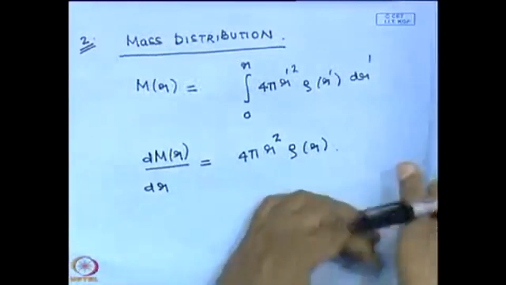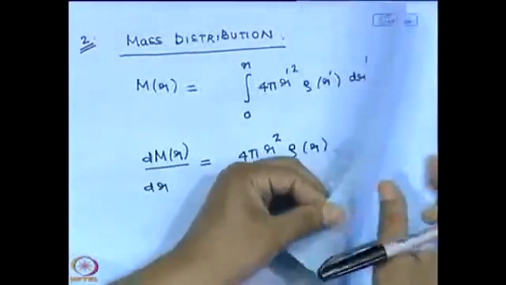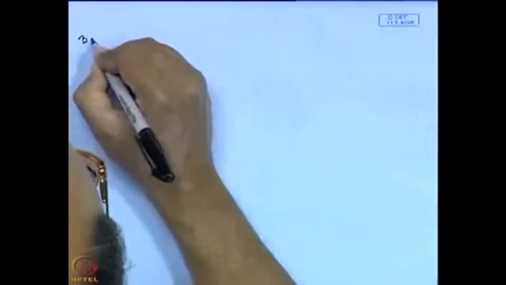The third equation of stellar structure is the flow of energy.